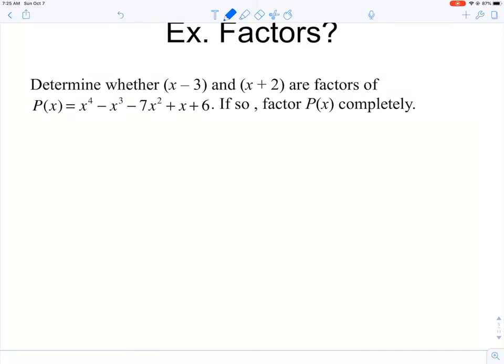So why don't we just go straight to using synthetic division. So let's test first to see if 3 is a factor of p. Or sorry, if x minus 3 is a factor of p. So I'm going to put 3 up in the left corner.